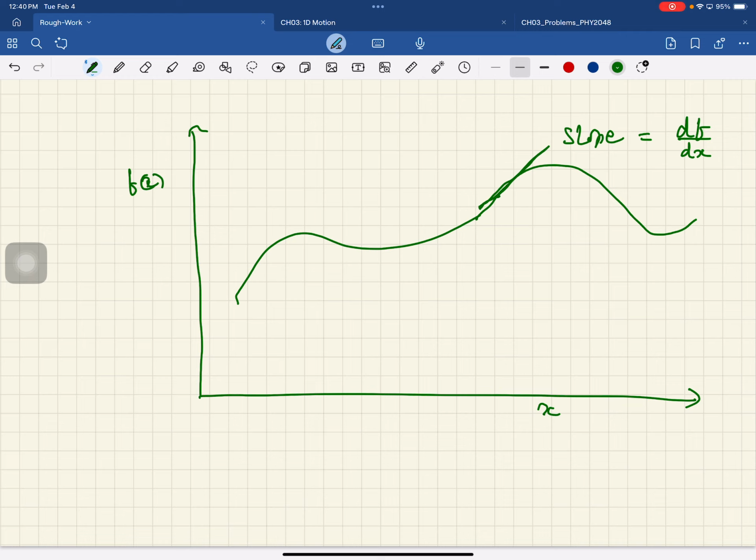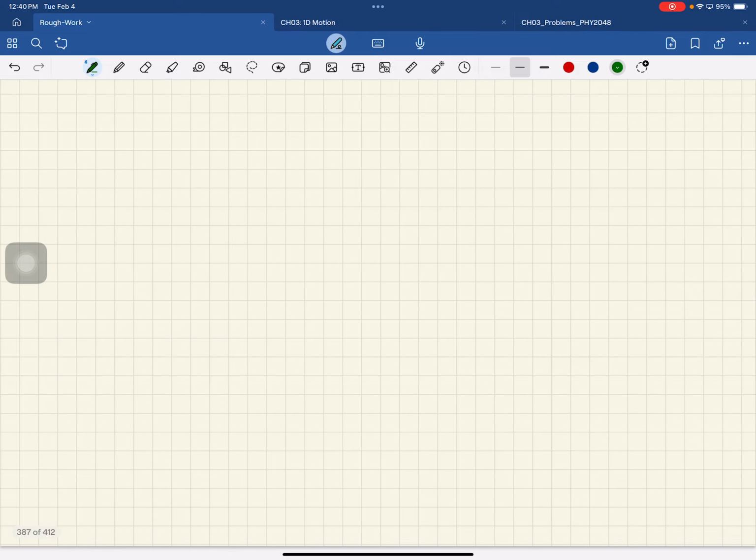And then you learn how to do derivatives. So for instance, if the function is x to the power n, and you'll get this laundry list, x to the power n, df by dx is n times x to the power n minus 1.